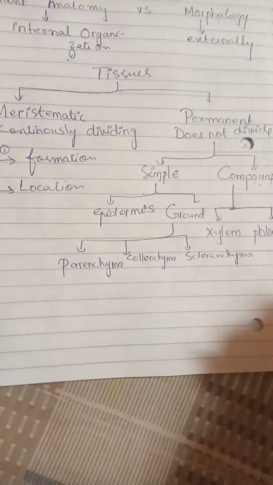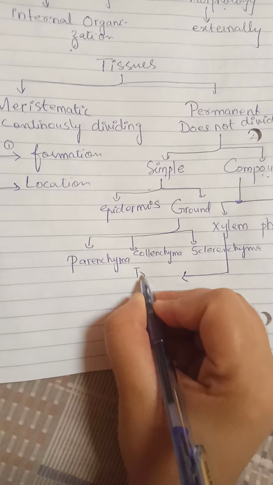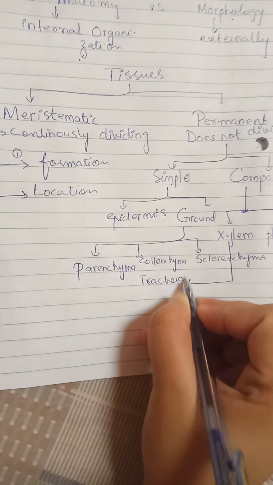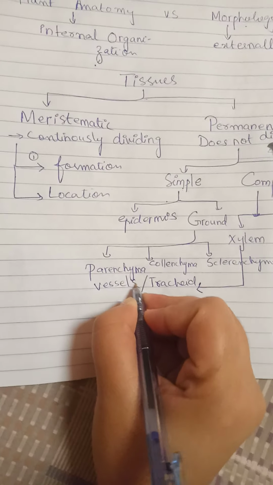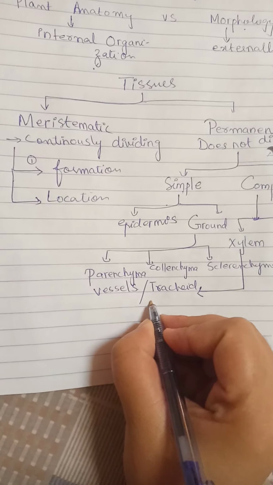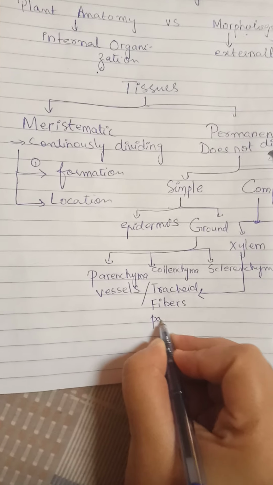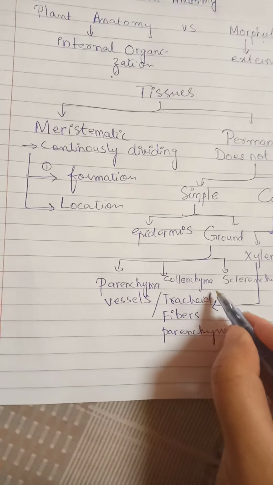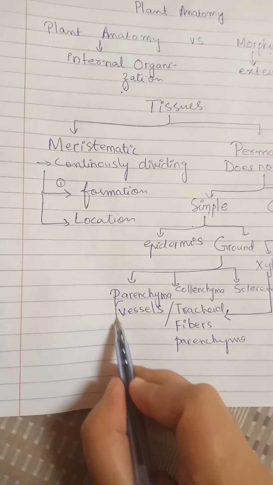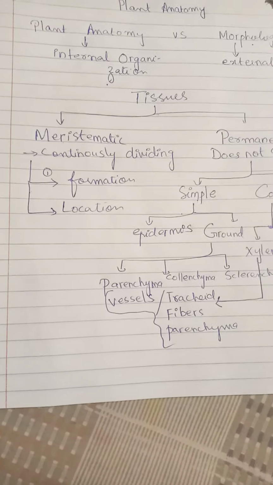Whereas xylem is made up of three kinds of cells, means tracheids or vessels, number two fibers, and number three parenchyma cells. So all these three kinds of cells as a whole perform the function of water conduction.